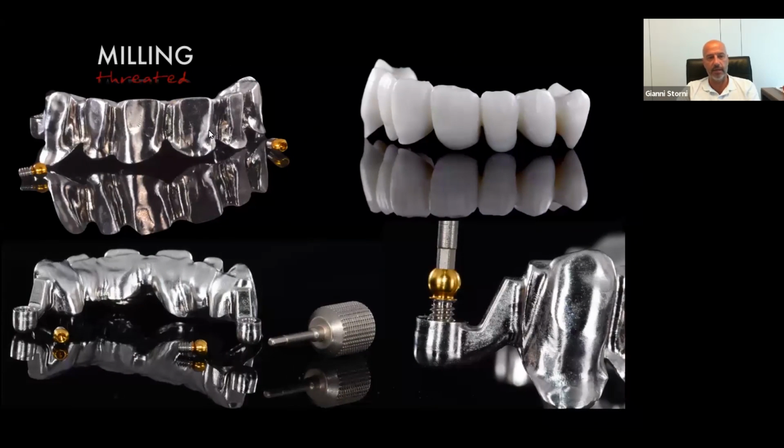You can see here, we mill the bridge, bond the threaded sleeve in the hole with the OT SEM, and screw the attachment in place. We are also milling a plastic bridge to let Emiliano control the aesthetic, the lip support, and approximately what the final result will be.